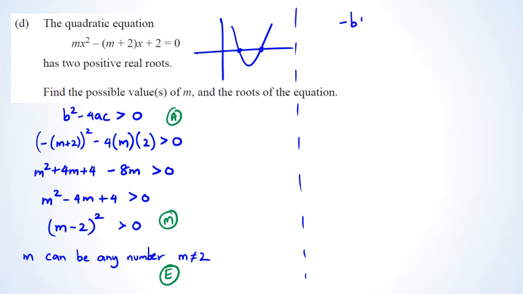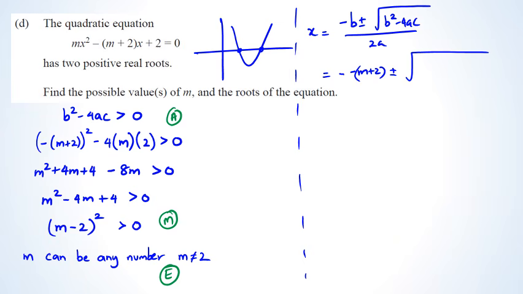We know the quadratic formula is minus b plus or minus the square root of b squared minus 4ac over 2a, because that's what the solutions for x are going to equal. So negative b means you've got negative, negative m plus 2, plus or minus the square root of b squared minus 4ac. Do I really have to do it? I've already done it on this side, guys, but I'm going to show you anyway. So you've got negative m plus 2 squared minus 4 times m times c, which happens to be 2, divided by 2m.